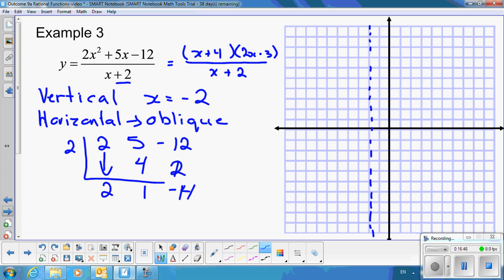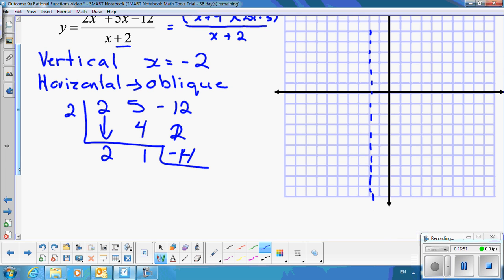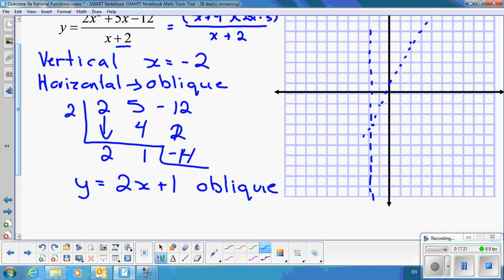Subtract, that is negative 14. This is my remainder. That tells me that the equation of that oblique asymptote is y equals 2x plus 1. I can draw that in because I know the y-intercept of that oblique asymptote is positive 1. It has a slope of up 2 over 1. So we're going to end up with that oblique asymptote being this straight line that goes this way.